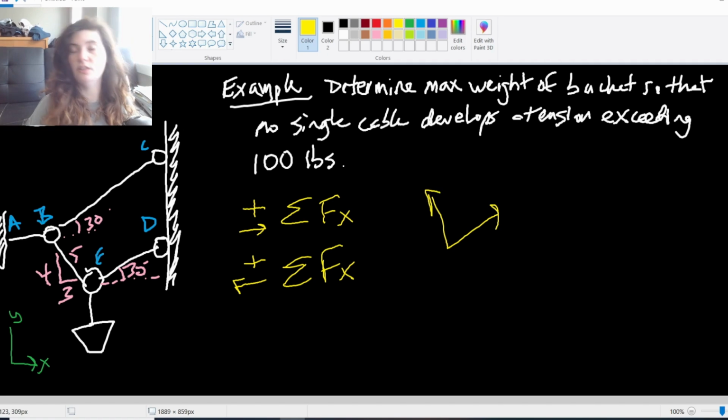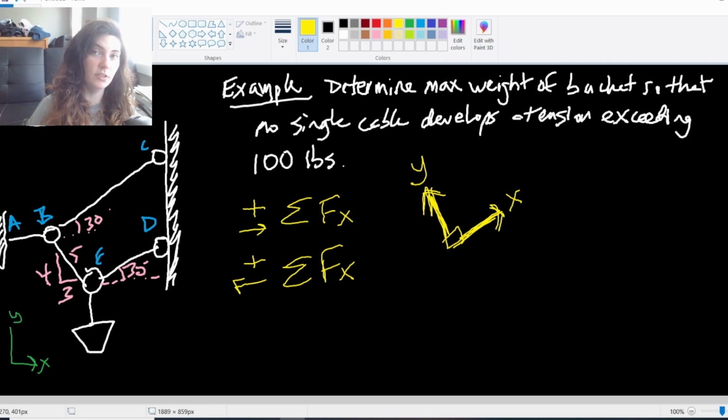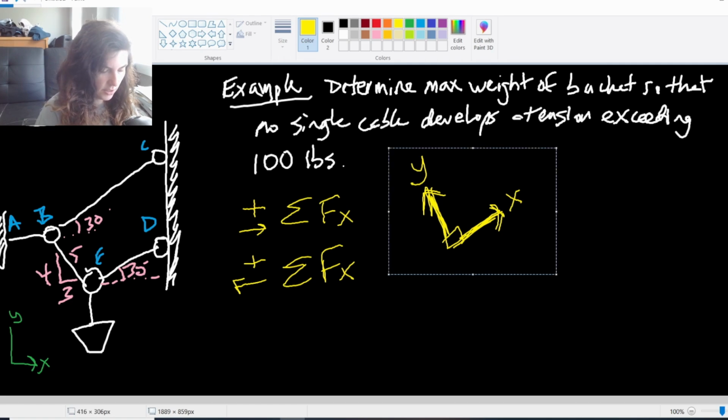So you might have something that looks like this, and you're like, well, if this is a 90-degree angle, then I'll make this the positive Y direction and this the positive X direction instead of the traditional system.